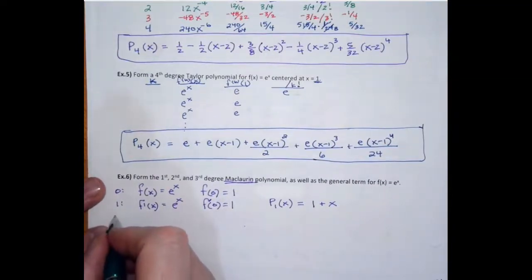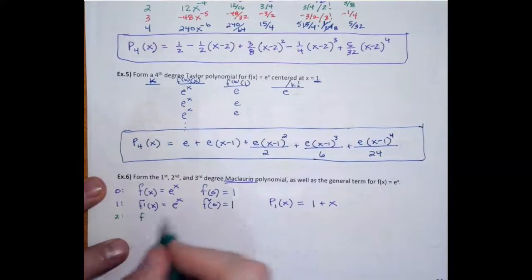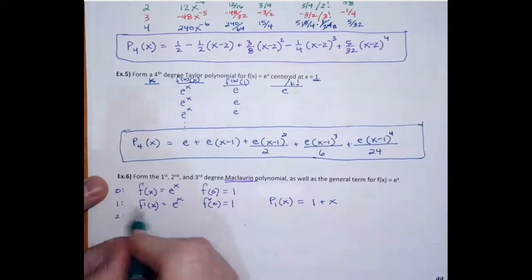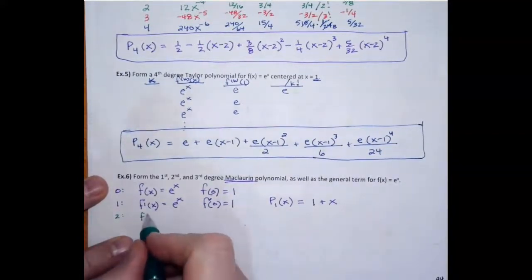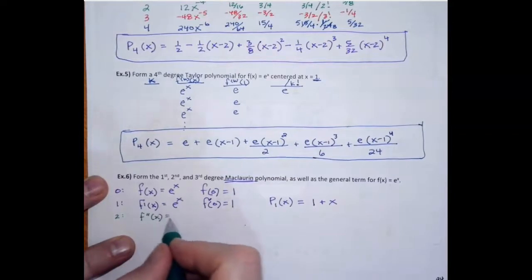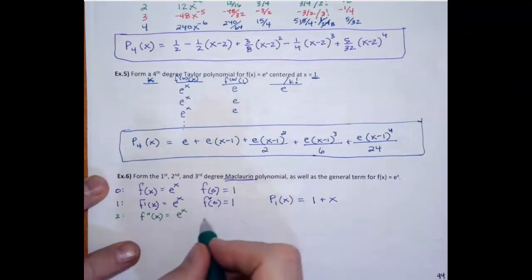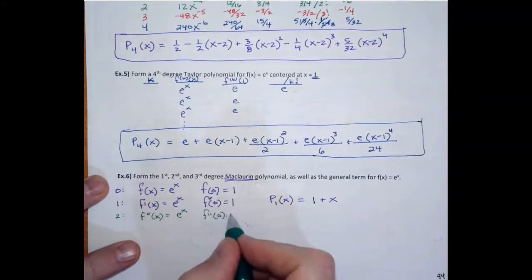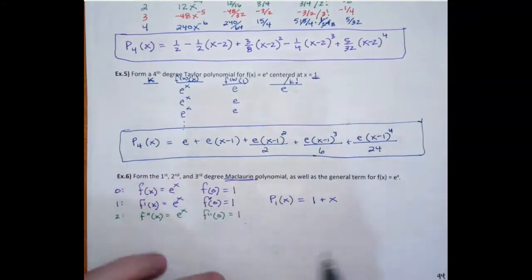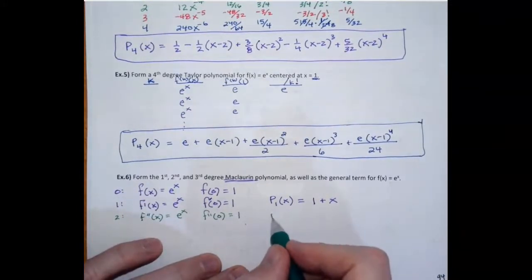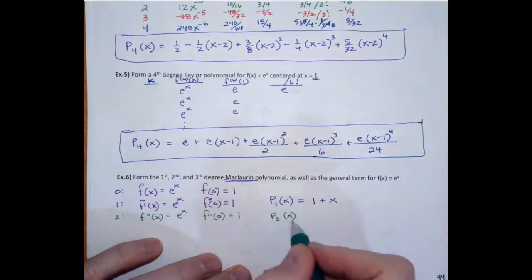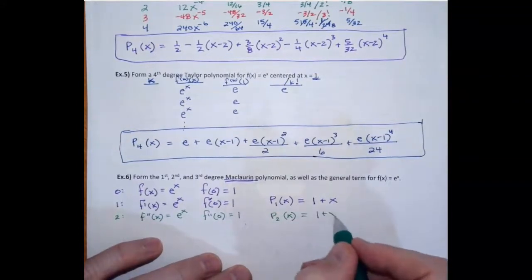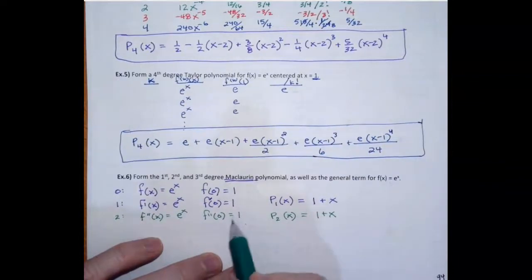And now if we go to the next one, so that's the first one there. Here's the second one, so that's the second derivative. The derivative of e to the x is just e to the x. So the second derivative at 0 is also 1. So this one is going to be 1 plus x.